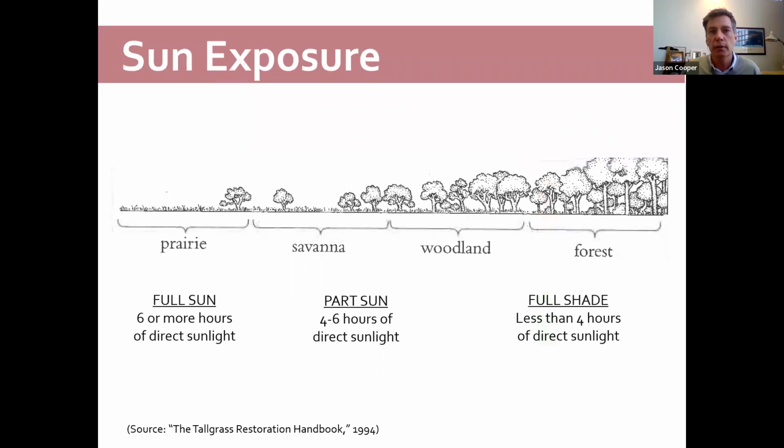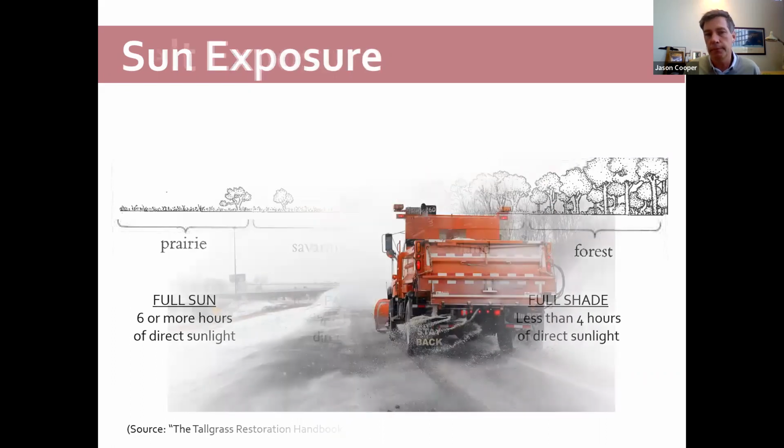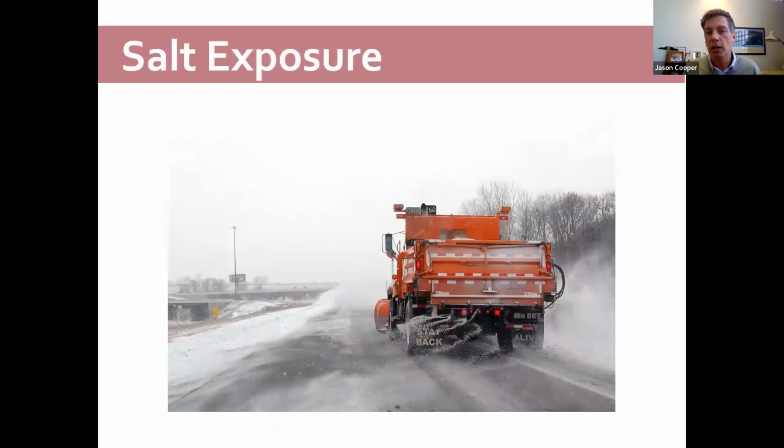Sun exposure is a critical issue. Again, easier for us to track. There's a lot more information available to us as designers for where plants originally came from and what types of sun exposure they are accustomed to receiving. Salt is harder to predict in terms of each plant's specific tolerance to it. There are some plants that are known to be particularly salt tolerant.